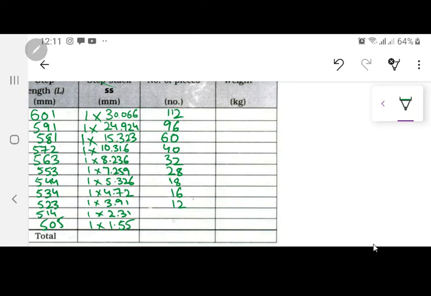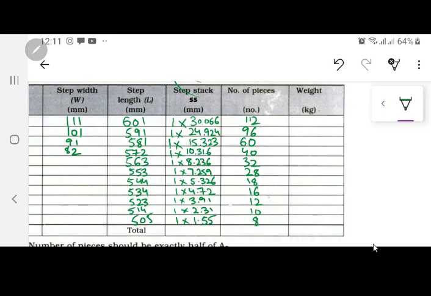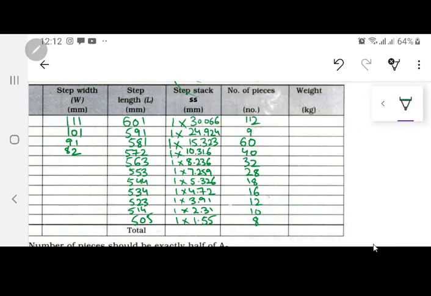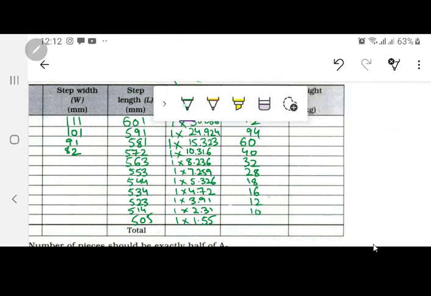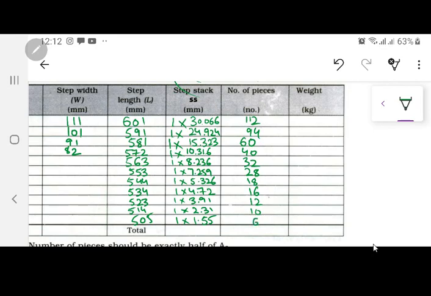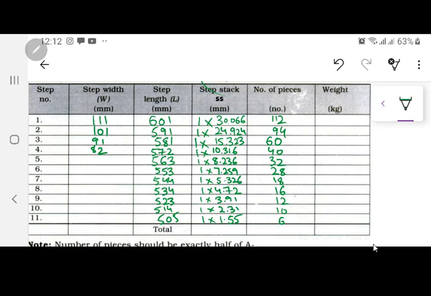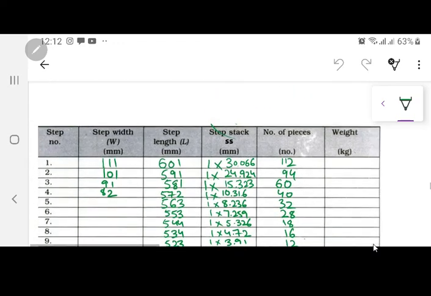Now please calculate the weight. What happened, second? Is it 94? Please give the weight now. The weight formula I have already told you.